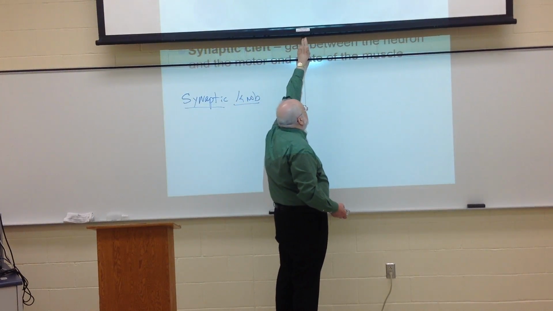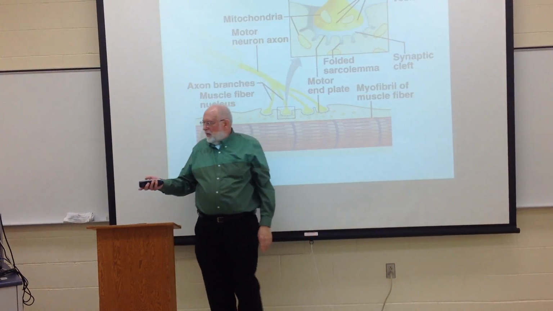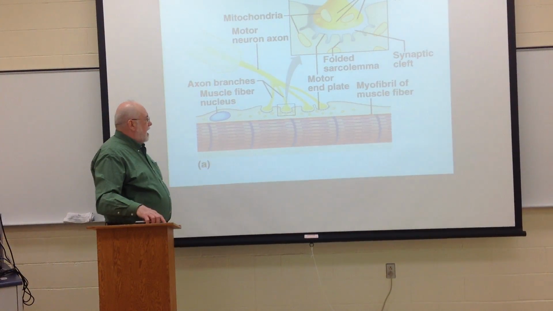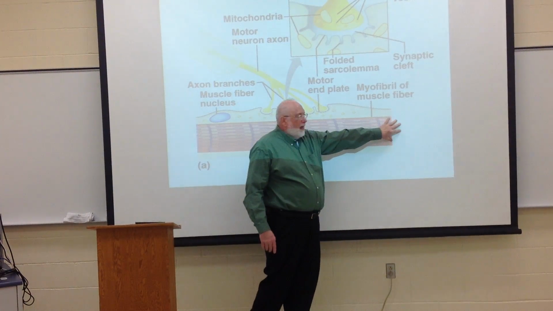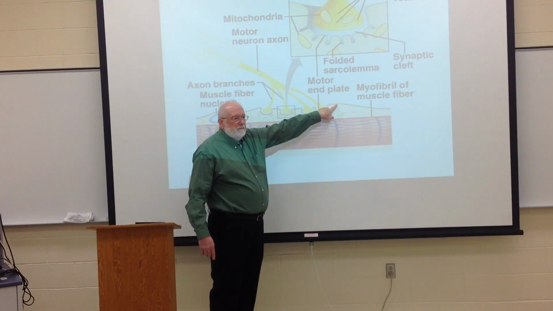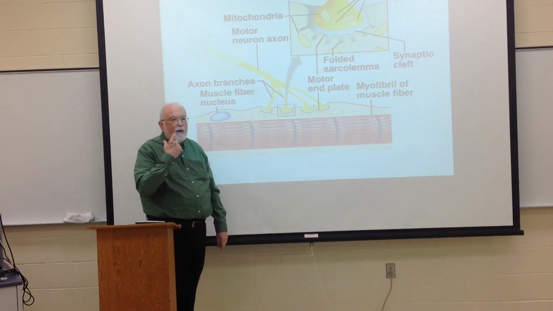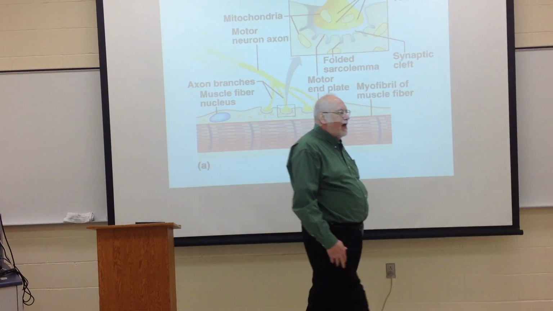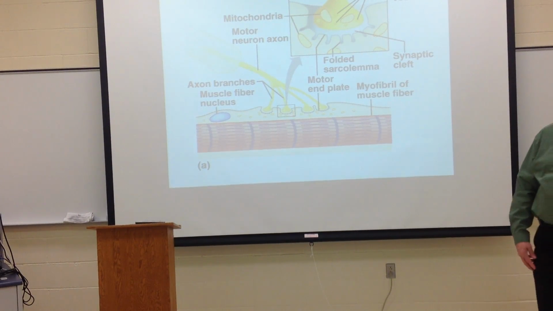So let's get to it. All right, here we go. All right, here's our muscle cell. Here's the membrane. There's the folded up membrane. Now, what was that folded up membrane called on the sarcolemma? The motor end plate.